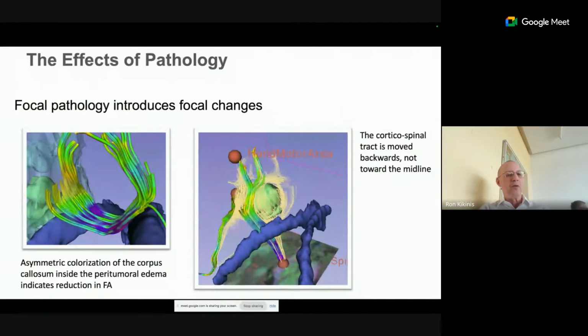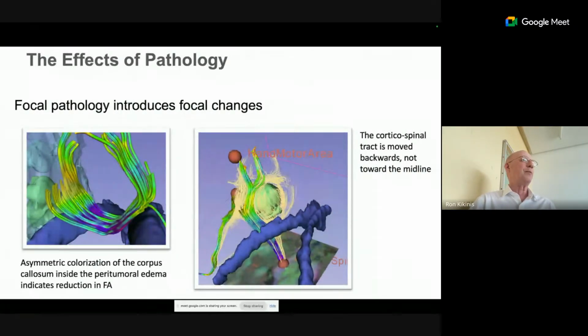And here, just as an example, on the left side, you see a brain tumor in green. You see some of the white matter tracts of the corpus callosum extracted with tractography, and in blue you see the ventricles for reference.